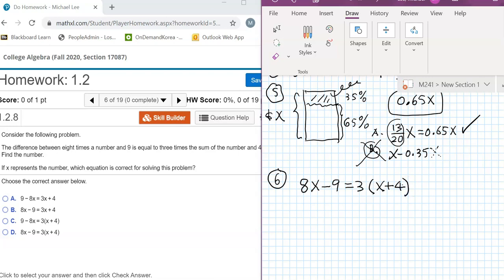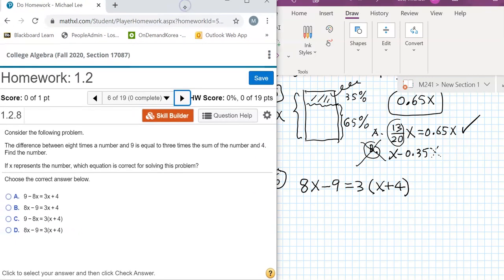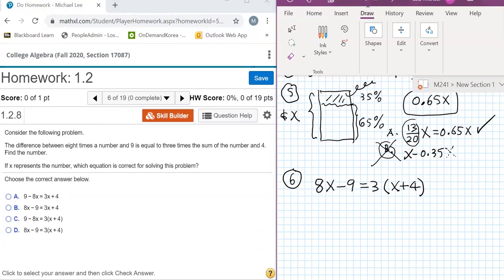If you have to write it as an equation, that's what's going to happen. So let me just move it over. If X represents the number, which equation is correct for this problem? So let me look at it, and the answer looks like D. That's D.